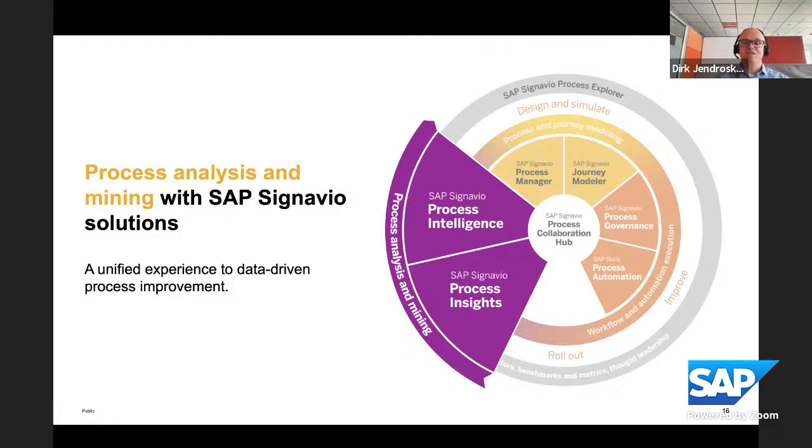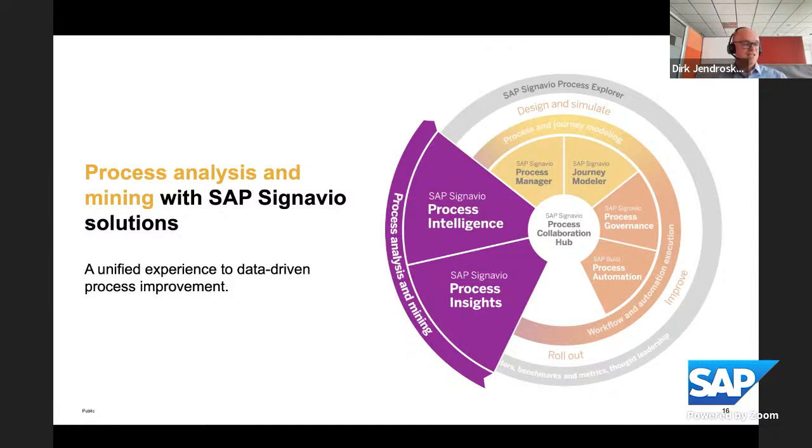And while Process Insights clearly excels at providing standard content, standard data and standard processes for you, with Process Intelligence, you can start customizing everything you want. You can include the systems that you want in your analysis and start using it to clearly go where you might want to deep dive. Process Insights has provided you the overview, and you might want to take a deep dive into certain process areas. And this is where Process Intelligence can help you.